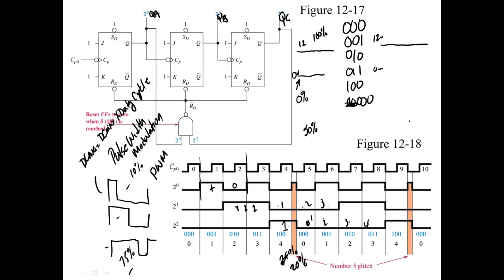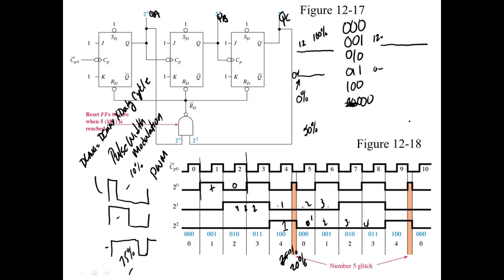So what I can do by using outside gating is I can set the modulus of the counter. So we can get any modulus we want. If I needed to divide by 6, then I would reset on 7, right? Does that make sense? And so now this is what we did.